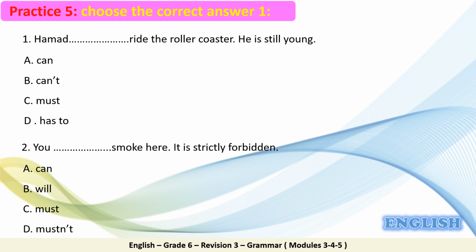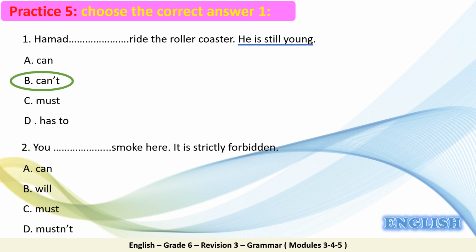As a practice, we are going to choose the correct answer. We have two sets of questions. Number one, Hamad can, can't, must, or has to ride the roller coaster. He is still young. Note here we have he is still young. So the answer is he can't. Hamad can't ride the roller coaster. This is impossible. Who can do example number two?